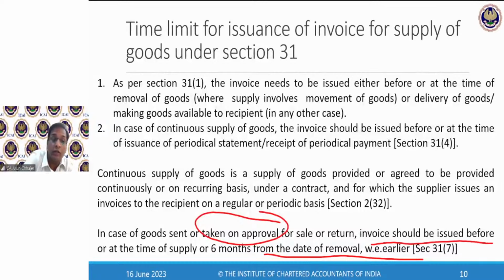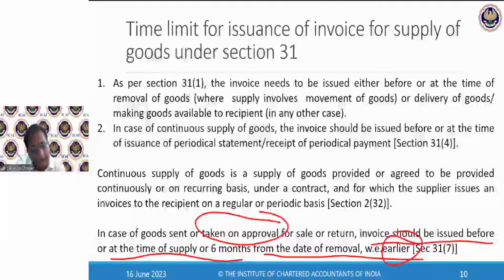The invoice should be issued before or at the time of supply, or within 6 months from the date of removal, whichever is earlier. In sales on approval, when goods are removed, within 6 months either you give me the confirmation or return the goods. Otherwise, it will be treated as deemed supply, and after that expiry, I have to issue the tax invoice.